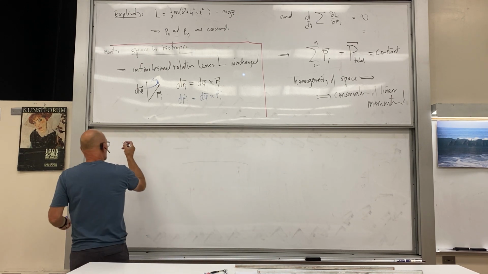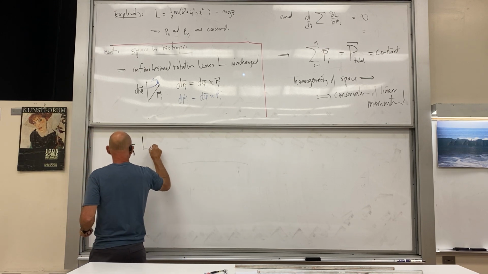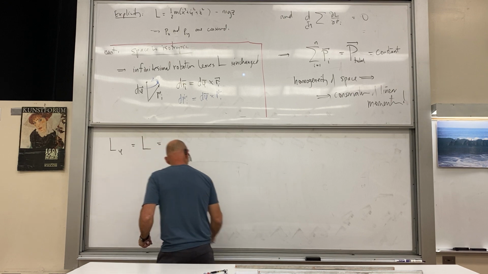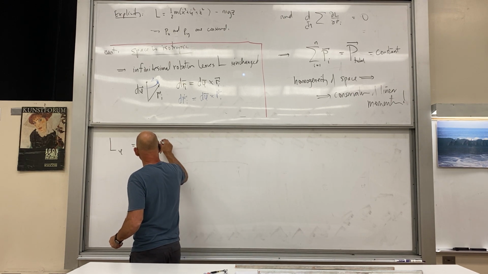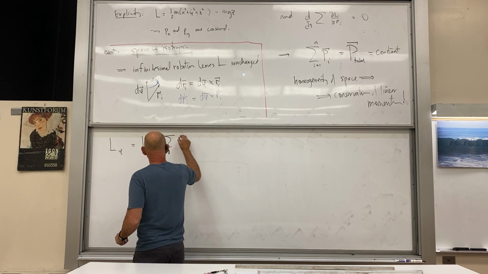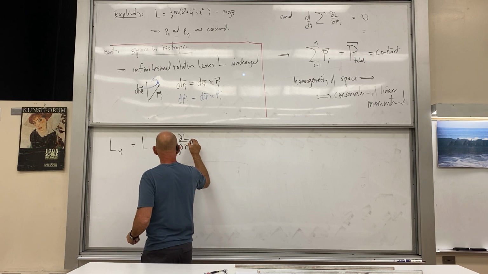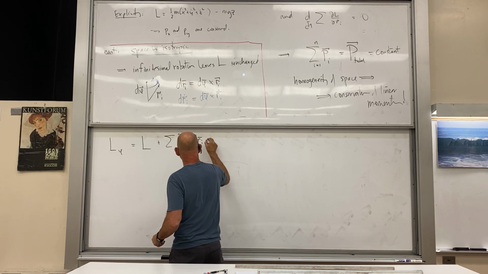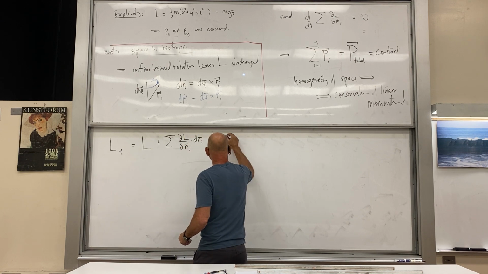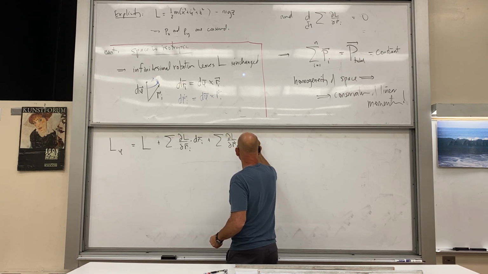This time I'm going to label our L phi equals the original L plus the first linear terms in an expansion. So sum of dL/dr_i dotted into dr_i, plus the sum of dL/dr_i dot dotted into dr_i dot.